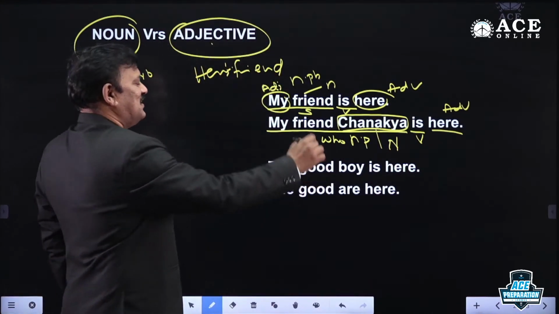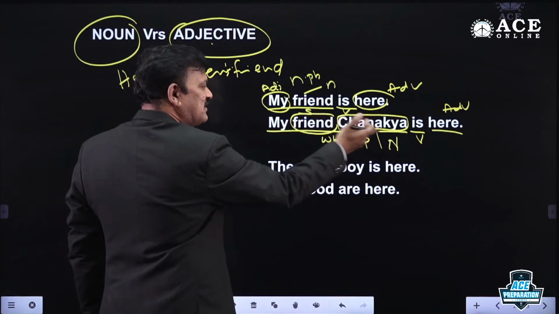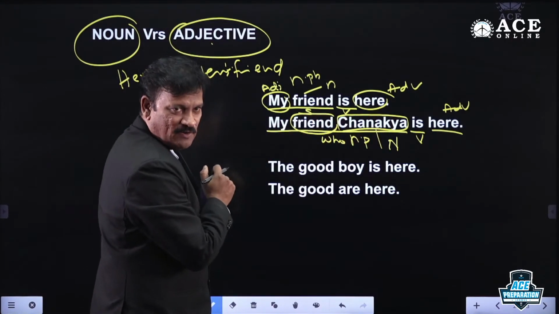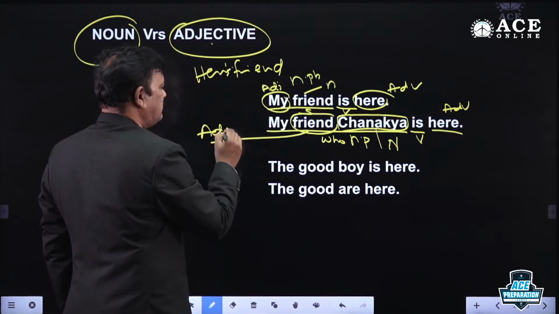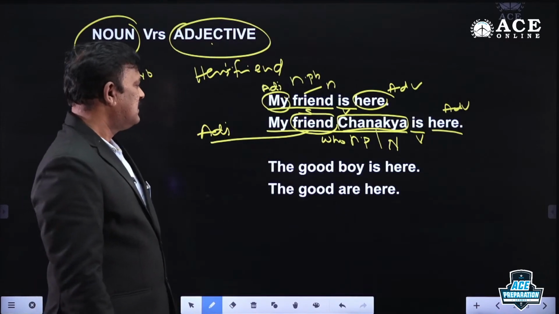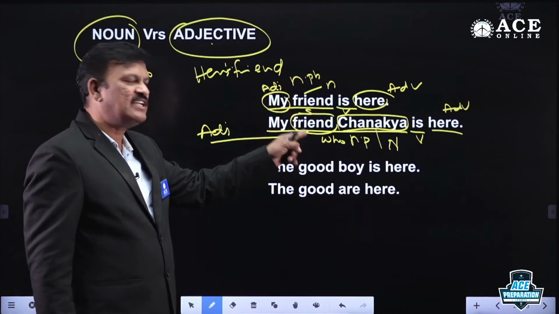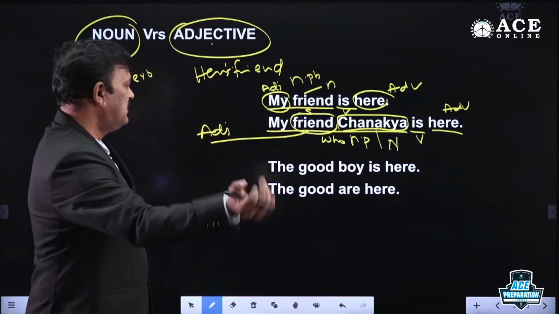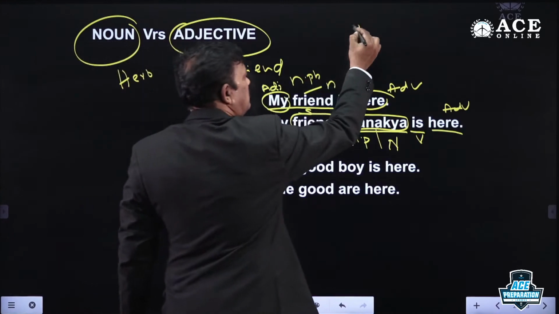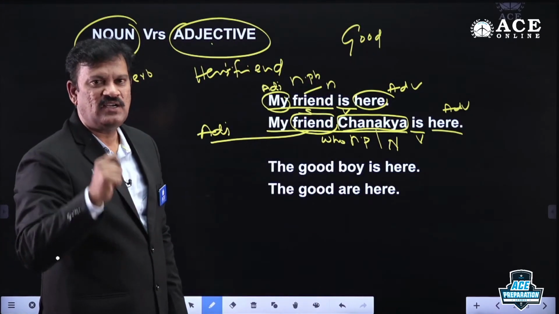And friend, I told you, left side of this noun here in the subject phrase are used as adjective. Guys, by birth friend is a noun, but in this sentence it is used as an adjective. That is what you guys have to identify. Now, you know good. Straight away, adjective.